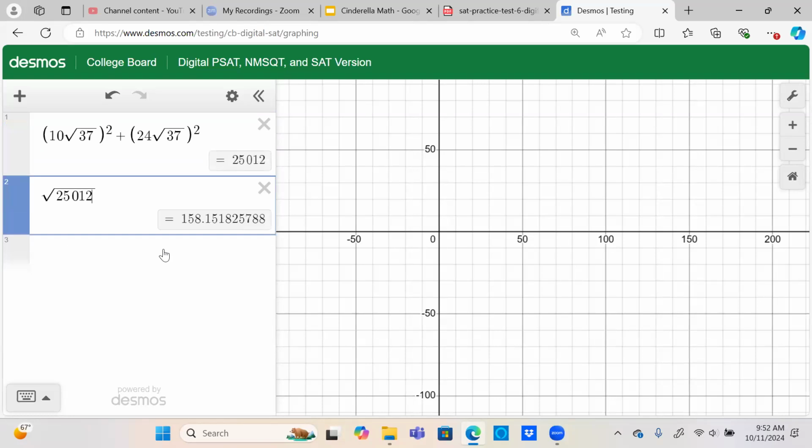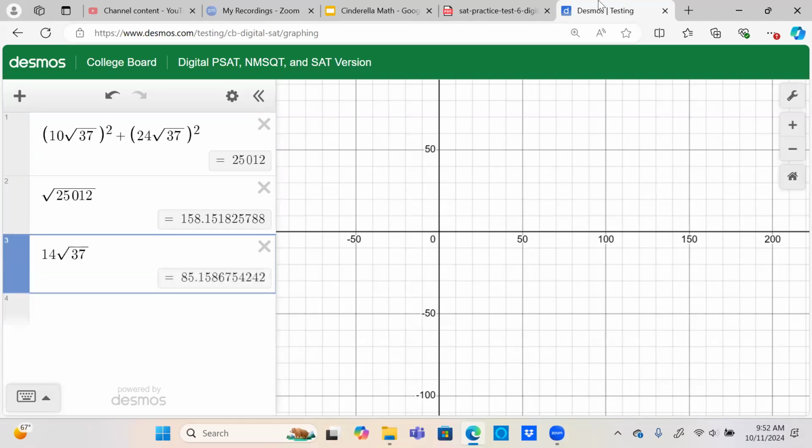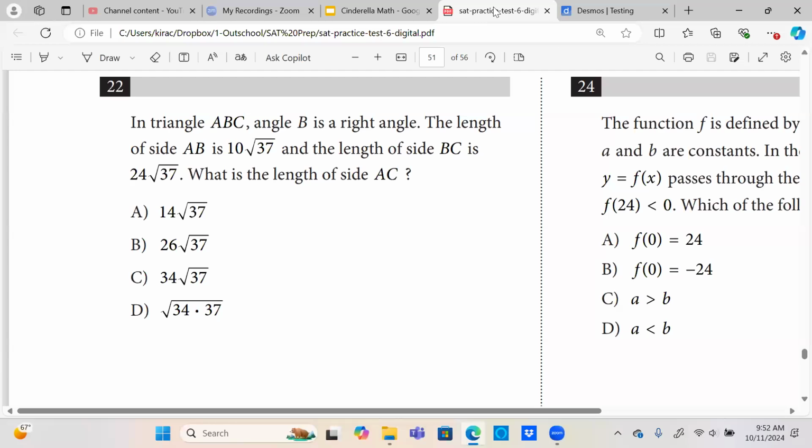And then it's ugly. And then just find the choice that matches that. So if you tried A, 14 root 37, that does not match. If you try B, that does match. So that honestly might be the fastest. It's just whatever is more comfortable for you. B.